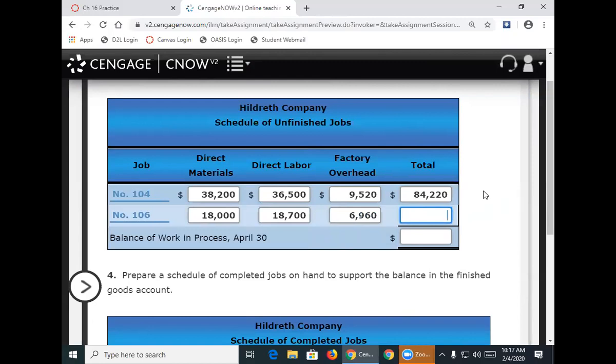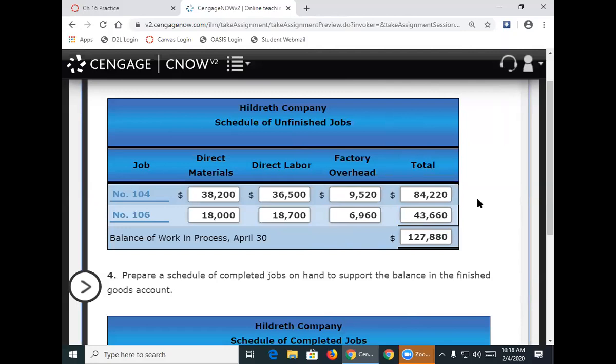And then our total cost was 43,660. And then, of course, if we add them up, we get our work in process balance of 127,880. So that's just putting the costs in, which we have track of. So that was pretty easy.